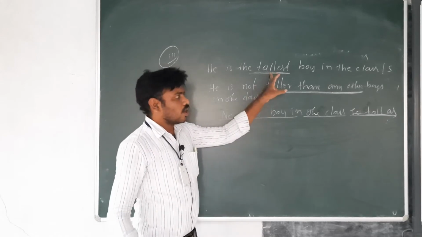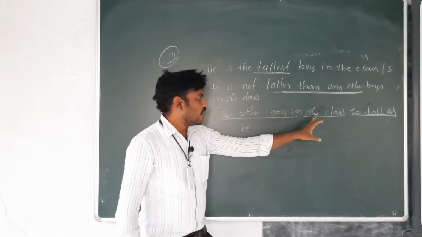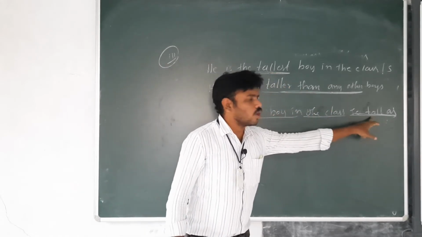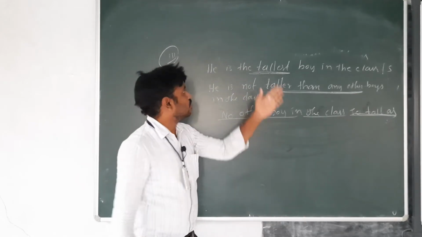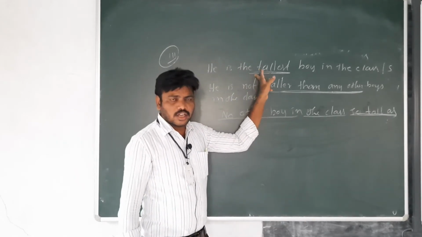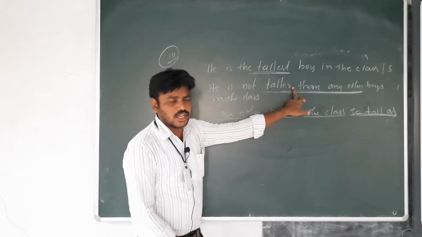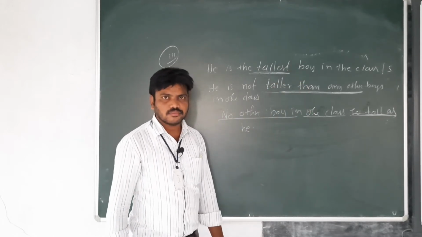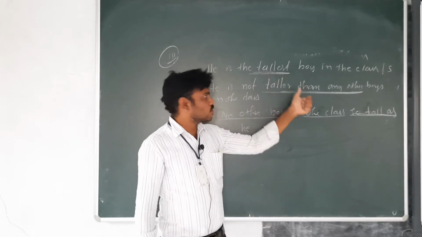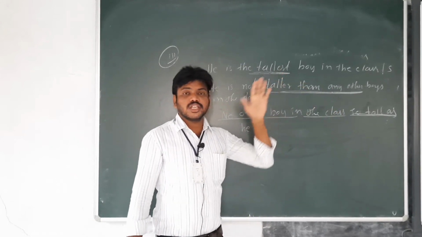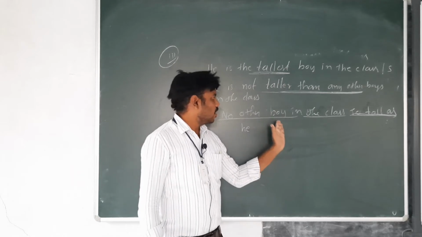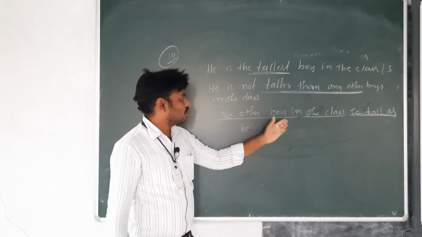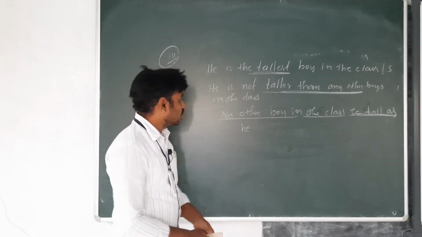Now see the tallest, taller than any other, and here so tall as he. This is superlative degree. We changed it into comparative degree. The same sentence we changed into positive degree. If you see the tallest, taller than any other, and no other boy in the class as tall as he.